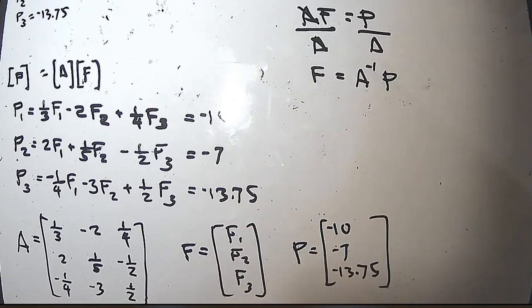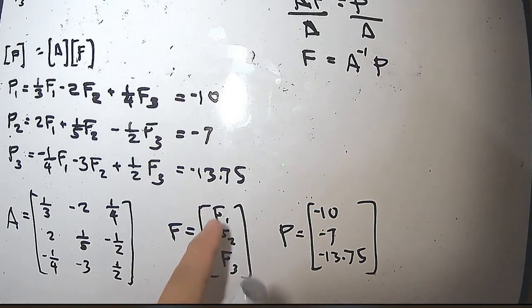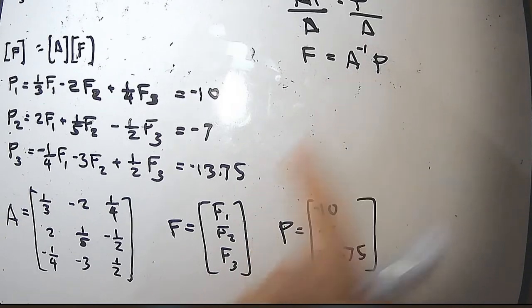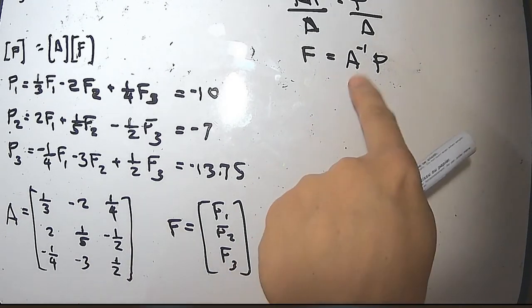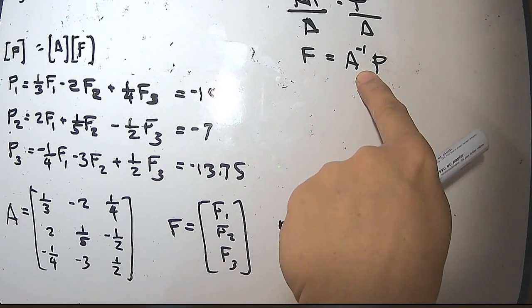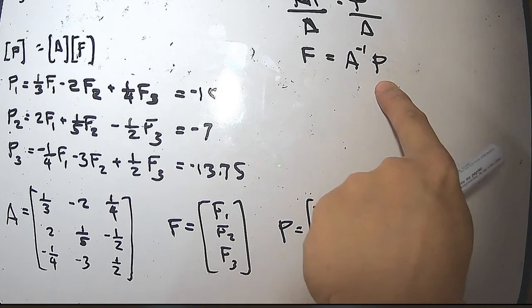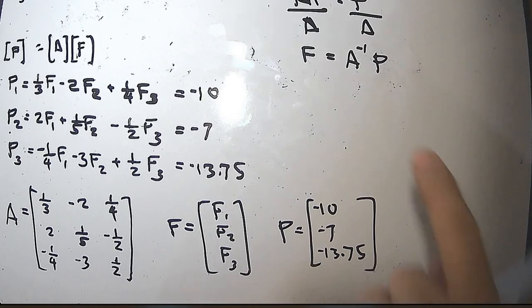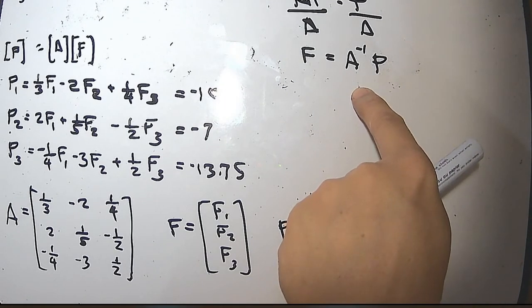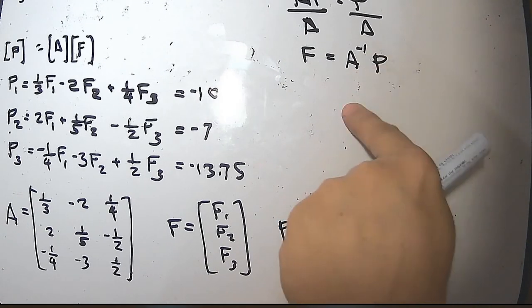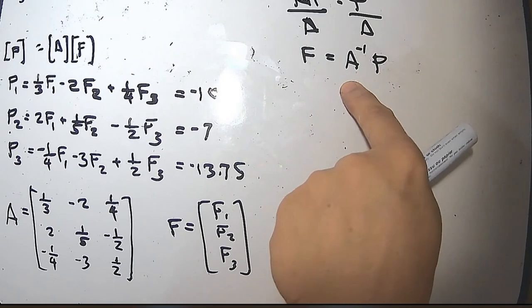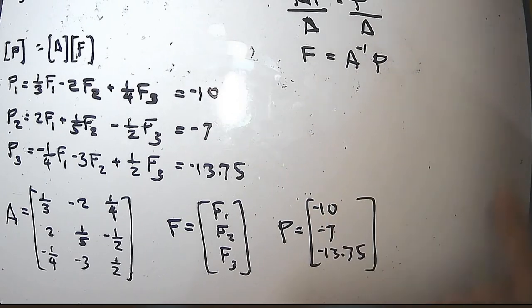Yan yung kailangan nating solvein, yung forces. F1, F2, F3. Yung A, eto yon. Pero kailangan natin siyang i-inverse. Tapos, yung P matrix, eto yan. Given na yan. So, all we have to do now is to solve your A inverse, or A to the negative 1. And then you multiply that by your loads, you can solve for F.